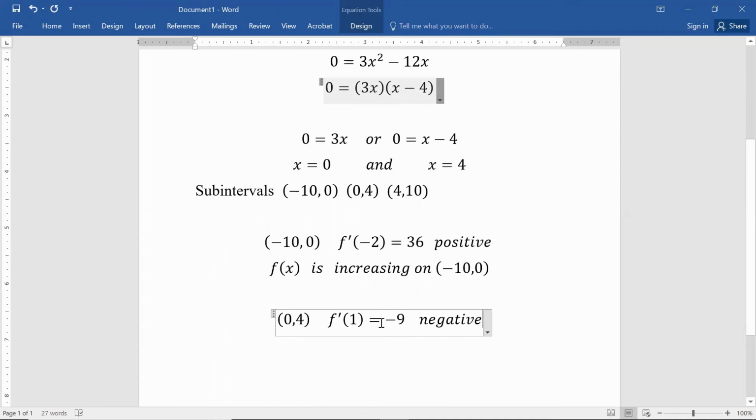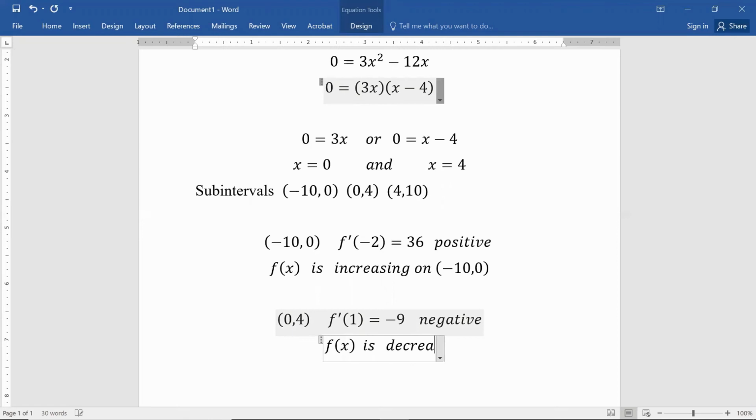So the derivative is negative, and because the only place we can change from negative to positive derivatives is at the critical point, this means my function has to be decreasing between 0 and 4.